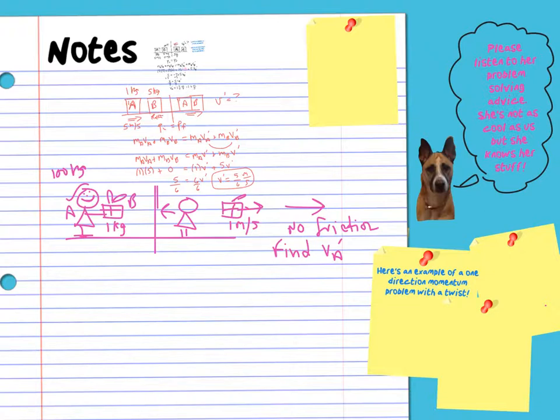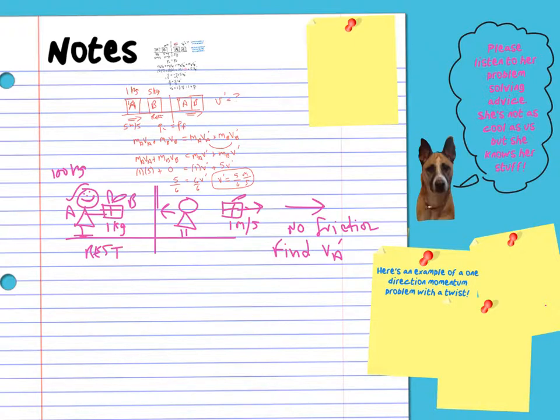They start out stuck together, and then they go apart. All right, and what is the velocity of both of them initially? Well, they're both at rest. They are both at rest, so that means that their velocity is 0.